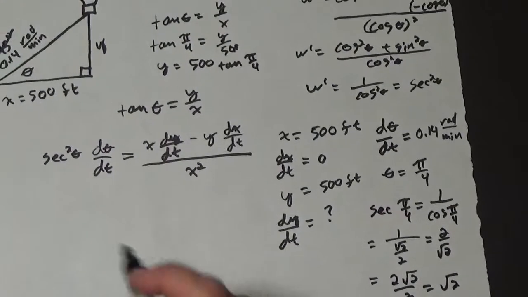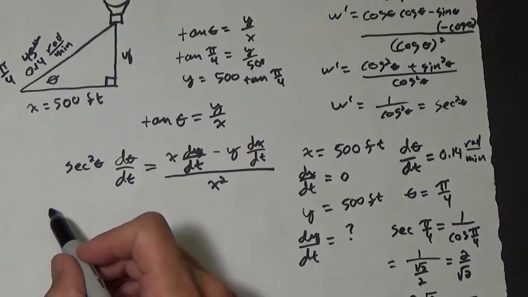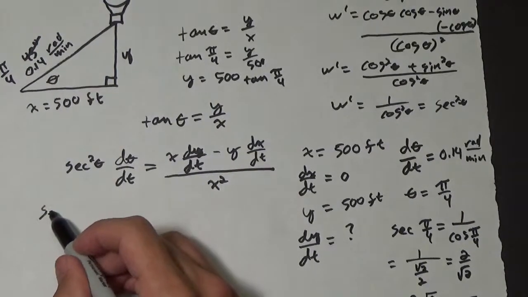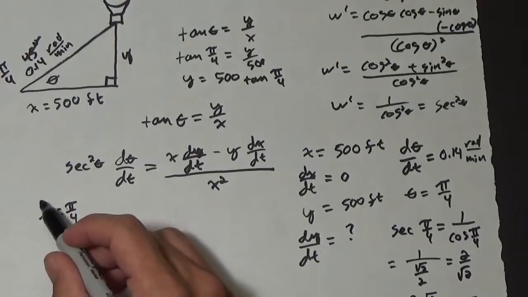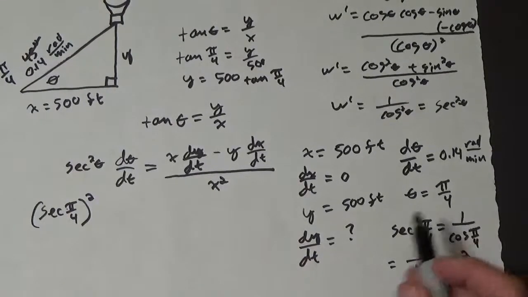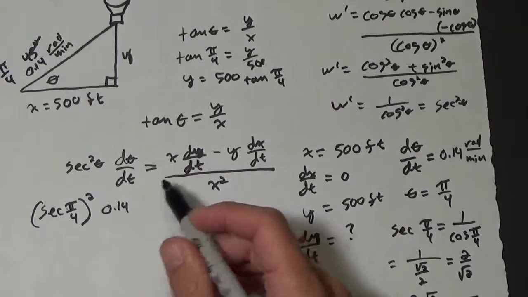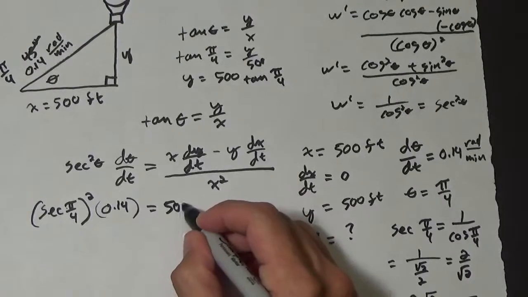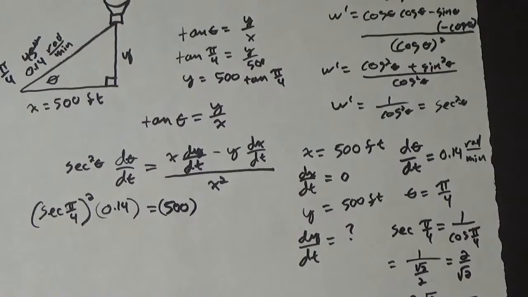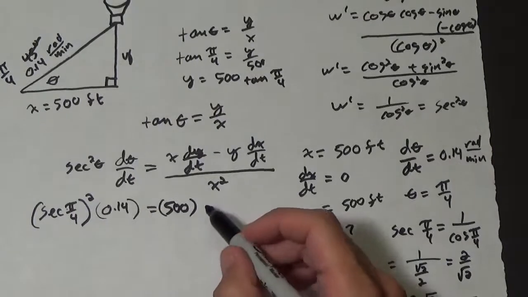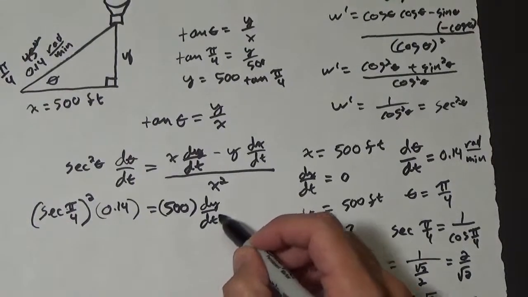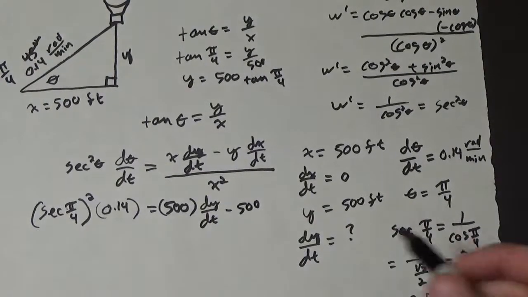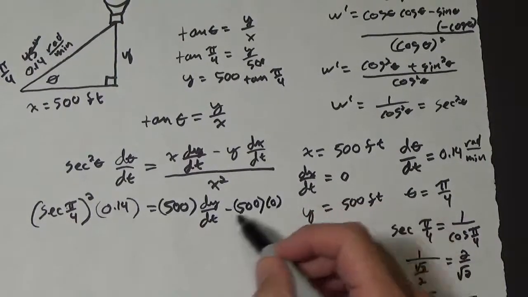Okay, let's put everything into our equation over here. The secant of pi over 4 squared, d theta/dt is 0.14, equals x, which is 500, dy/dt, that's what we're looking for, minus y, which is 500, and then dx/dt is just 0, so that'll go away, that's nice.